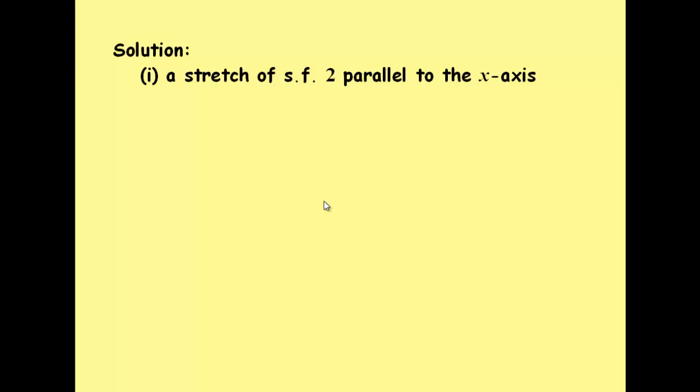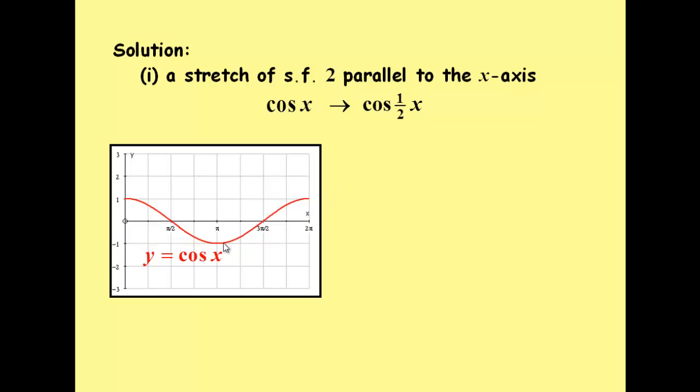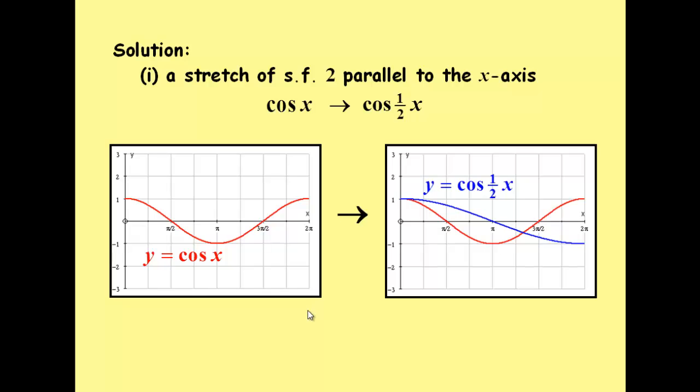So first our stretch of 2 parallel to the x-axis. We'll take cos x to cos half x. Remember, when it's x, it's 1 over whatever the scale factor is. And this is what we start off with, and this is what we end up with.